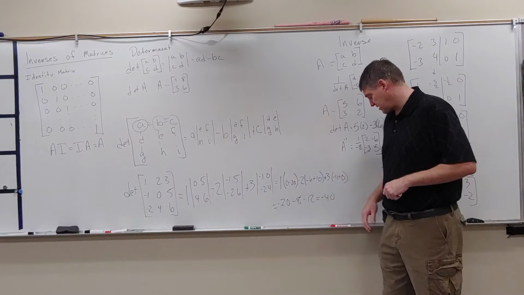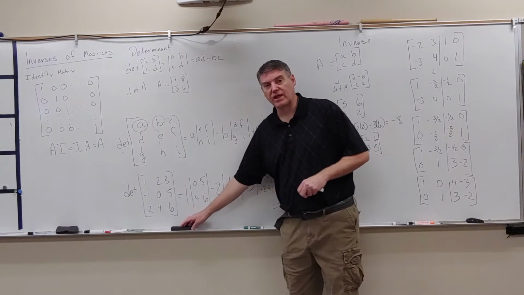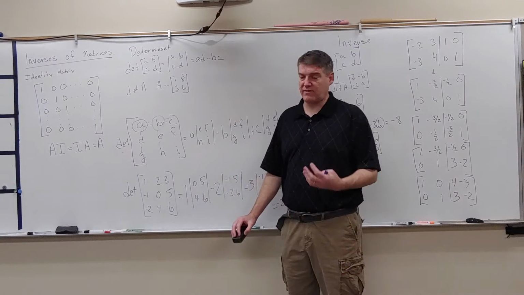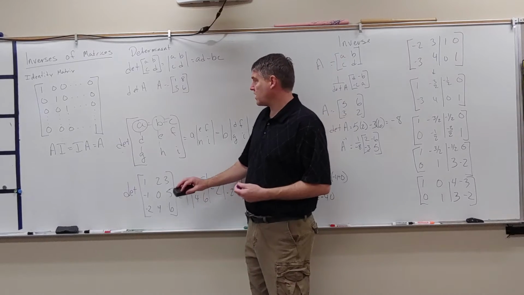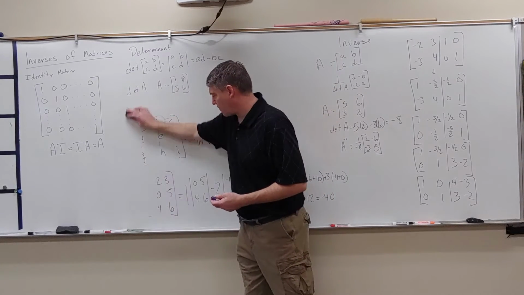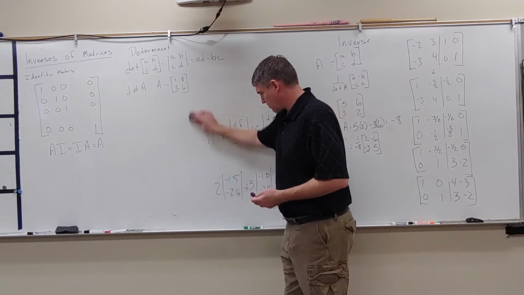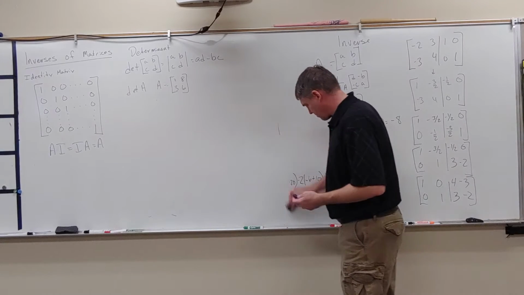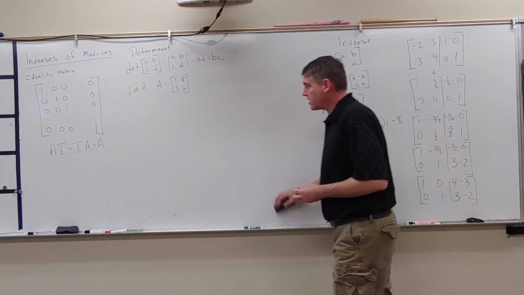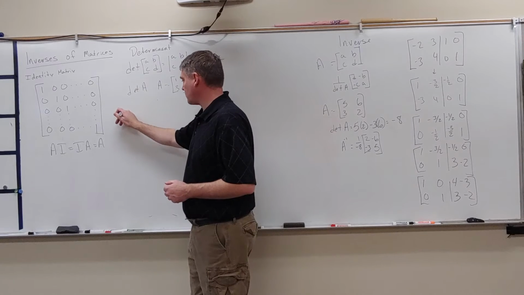This process is how we would have to handle 3 by 3s, 4 by 4s, 5 by 5s. So if I had a 4 by 4 here, we're not going to find it here, we're just going to set up the first one.